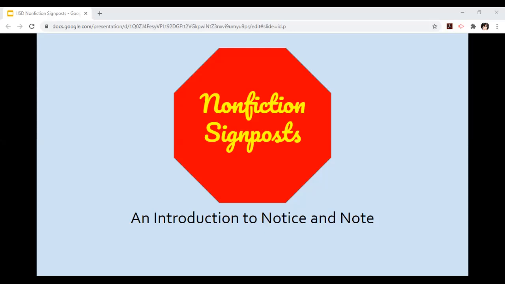So what these signposts do is they help give us a purpose for reading and a purpose for analyzing, and they help us with a starting point if we don't know where to start with our analysis of these texts.